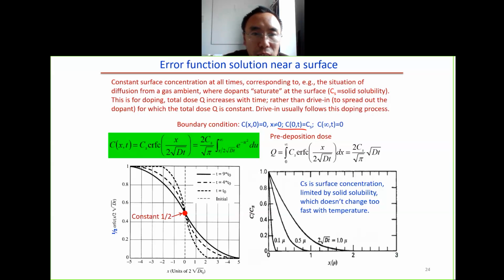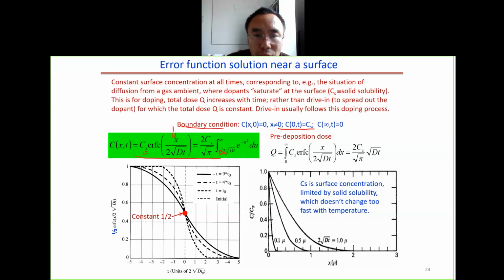You can see here, for t equal to 0, this one becomes infinity, so this one equals 0. When x equals 0, this one equals 1, so we have this Cs. Then this will be the solution, because it fits the equation and also fits the boundary condition.